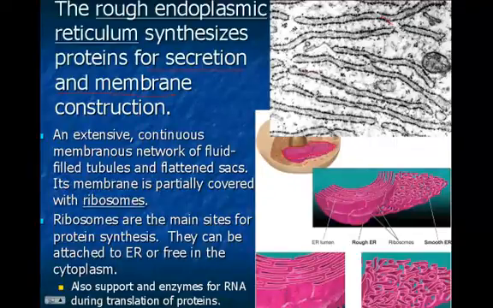So again, when we look at something like a pancreatic cell that's going to do lots of secreting, it's going to have a lot of rough endoplasmic reticulum. And again, we talked about free ribosomes that are just hanging out in the cytoplasm are primarily going to be making proteins that are going to stay within the cell.